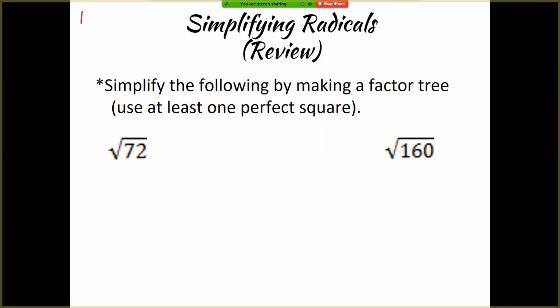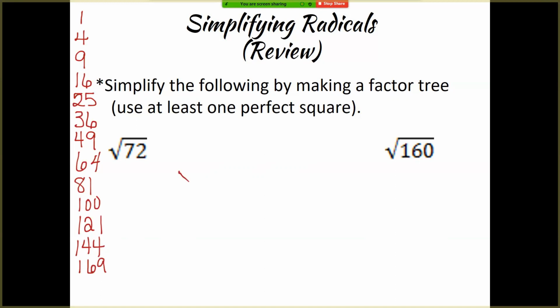2 squared, which means 2 times 2, is 4. 3 squared is 9. 4 squared is 16, 5 squared is 25, 6 squared is 36, 49, 64, 81, 100, 121, 144, 169, and we could continue on as high as we want.